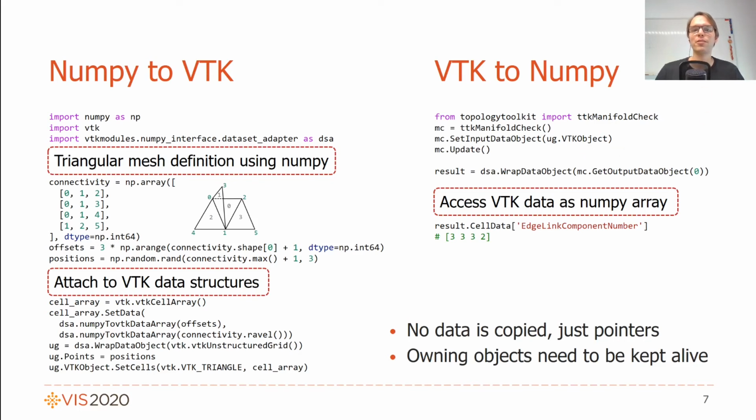So this provides an efficient way to access your data from within NumPy or VTK, but you need to take care that the objects that own the memory are kept alive for long enough, since there's no reference counting done here.